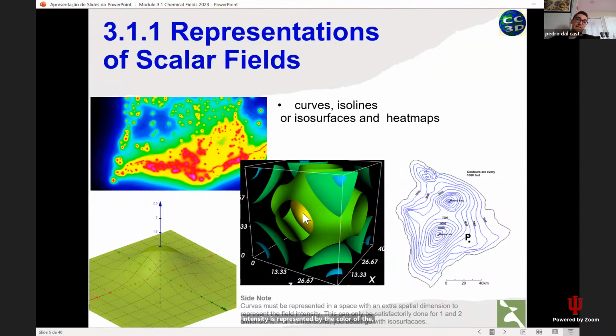So inside here, you can see a yellow isosurface. Probably this is a more intense region of the field. And as you go outwards, you can see more bluish isosurfaces, which mean the field is getting lower in these regions. Okay, so these are ways you can represent a scalar field.